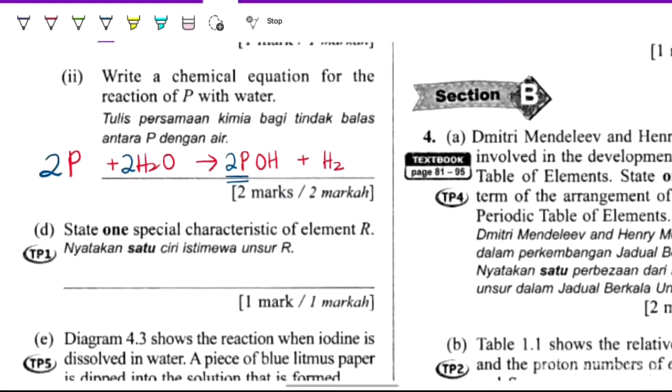Okay, state one special characteristic of R. R is iron. Iron is a transition element.